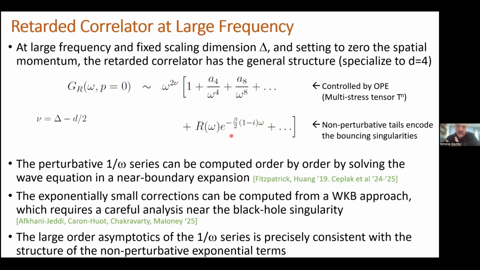So as is familiar from the theory of Borel summations, for example, large order behavior of asymptotic series is connected to the non-perturbative parts of whatever function you're studying. So we'll explain this in more detail later.